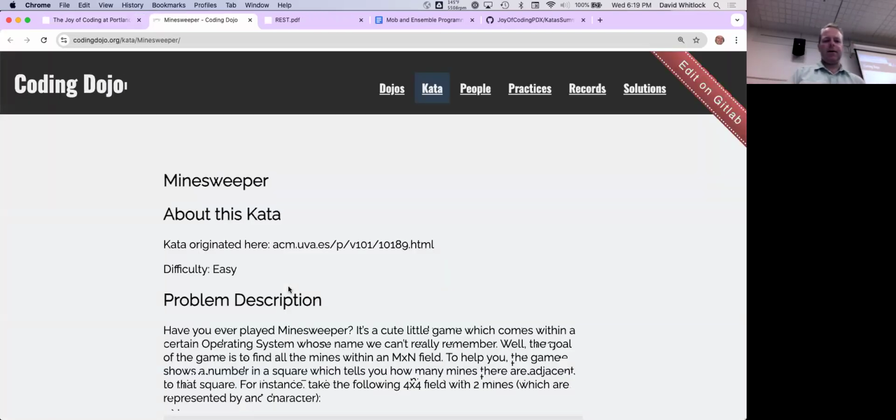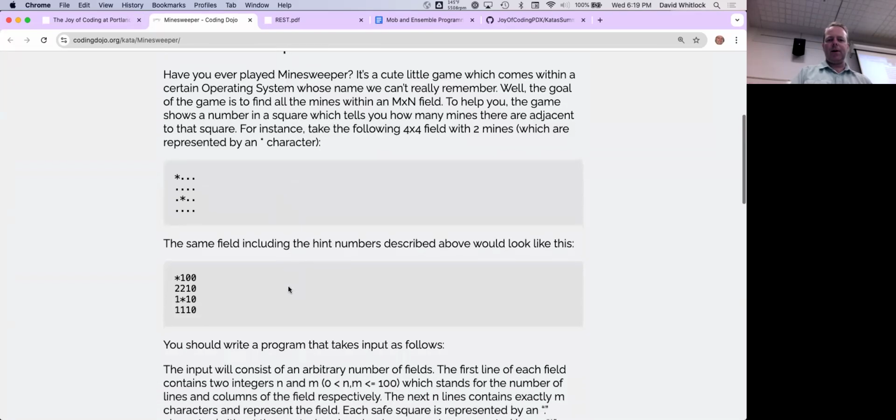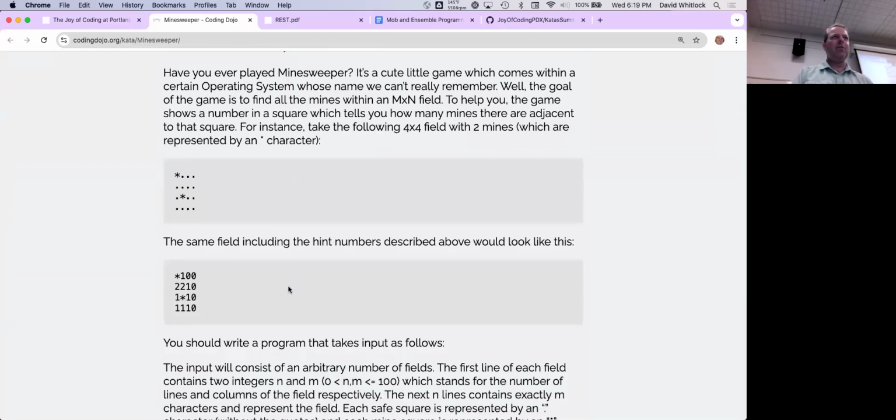Okay, the kata. So, boy, I don't know if you all remember Minesweeper for Windows, probably from when you were a toddler. Jeez, right? Okay, well, so many years ago, the early versions of the Windows operating system had this little game called Minesweeper.